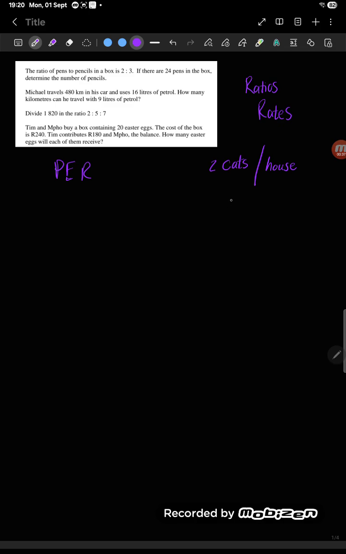Okay, so how many Lego blocks in a set? How many biscuits are you going to eat per day? In your fruit bowl, how many grapes are there per apple?